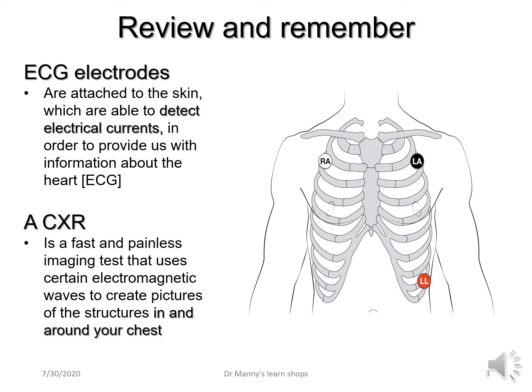A chest X-ray, however, is a fast and painless imaging test that uses certain electromagnetic waveforms to create images of intrathoracic structures in or around the chest. There's our chest X-ray. That's what we want to see.